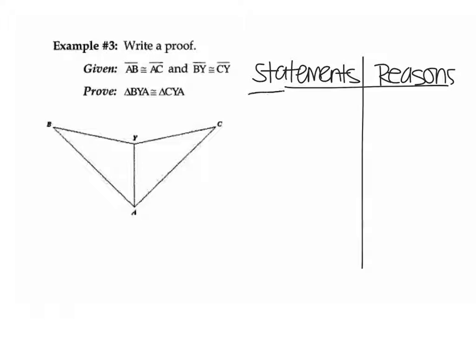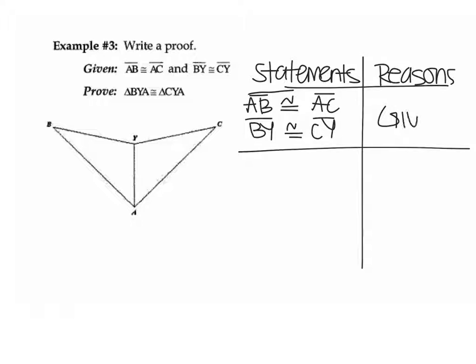So I just start with given information. So we know that AB is congruent to AC and BY is congruent to CY. So I label that AB congruent to AC, BY congruent to CY.